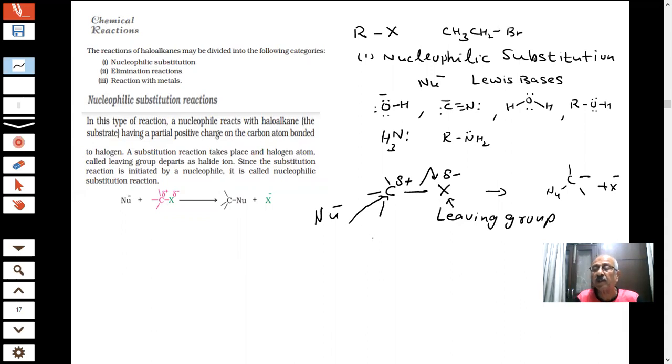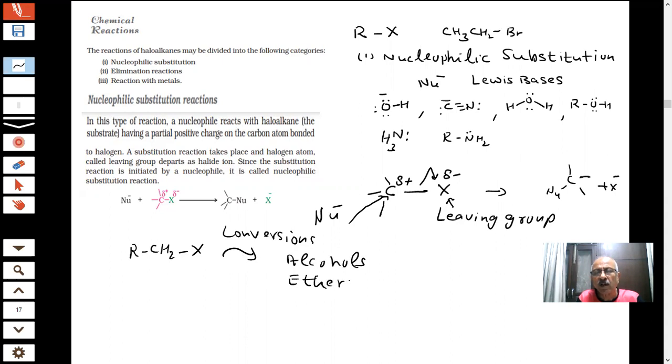So they are very important because RX compounds, supposing I write RCH2X compound, they can be converted. Conversions will be there, students, which are very important for the paper. So you will be able to prepare different types of compounds like alcohols, ethers, amines, nitro compounds.